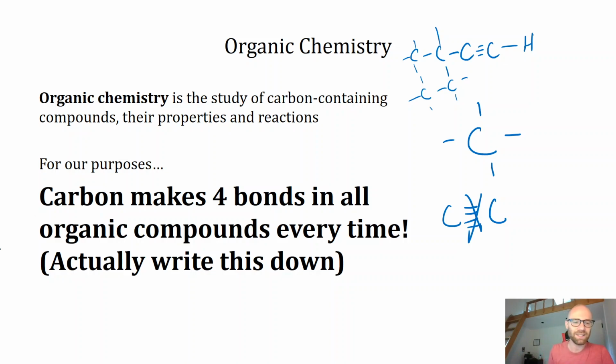And what that ends up meaning is that these carbon-containing molecules, because of the lack of a quadruple bond, have to form chains, branches, and rings.